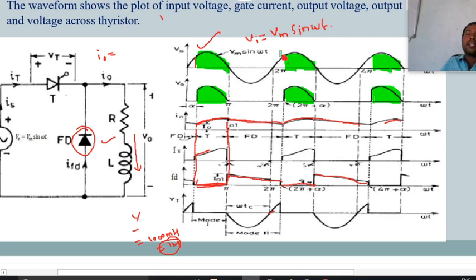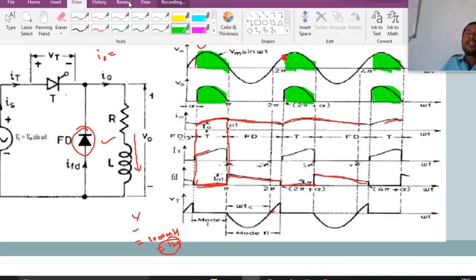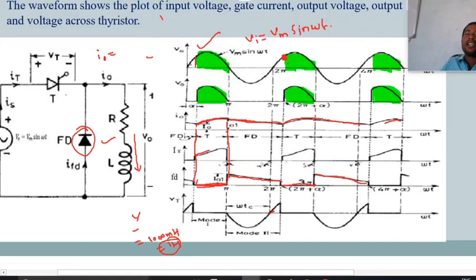Other than this area, that becomes the voltage across the thyristor. This is the area of the voltage across the thyristor. Whatever I am drawing here is similar, observe here.